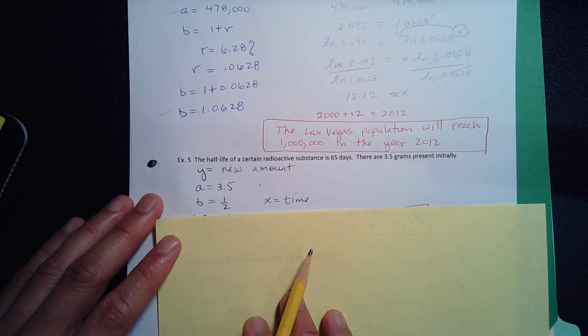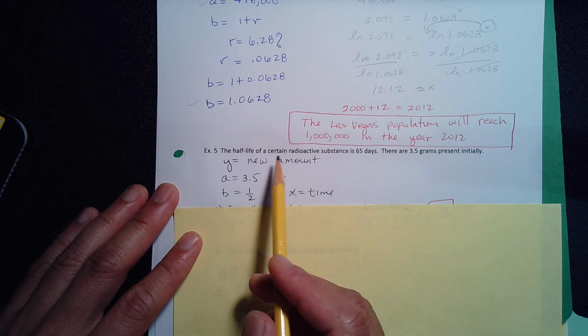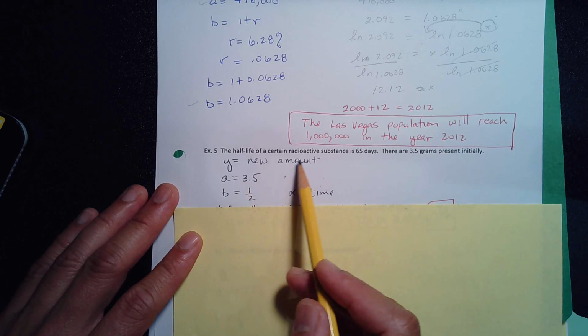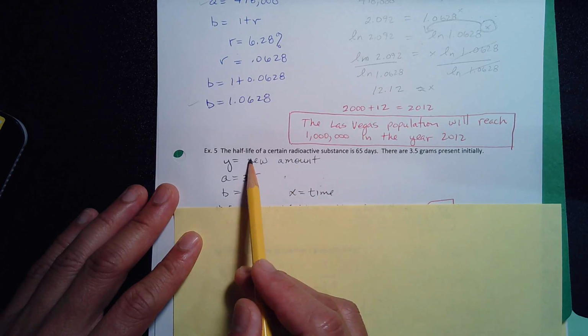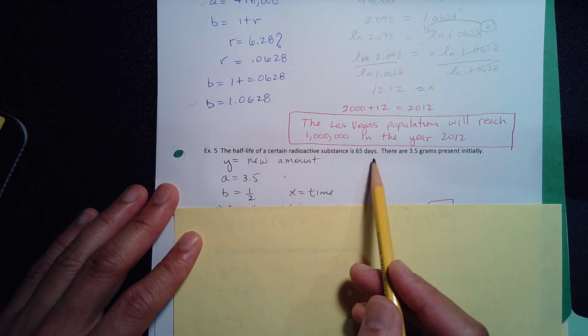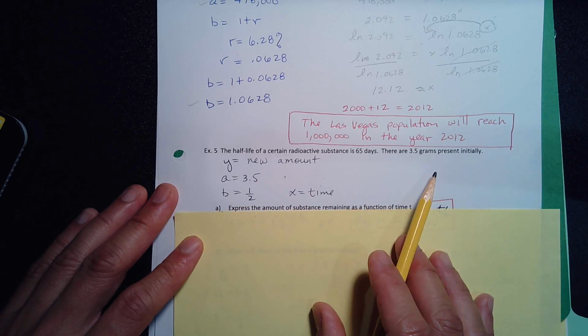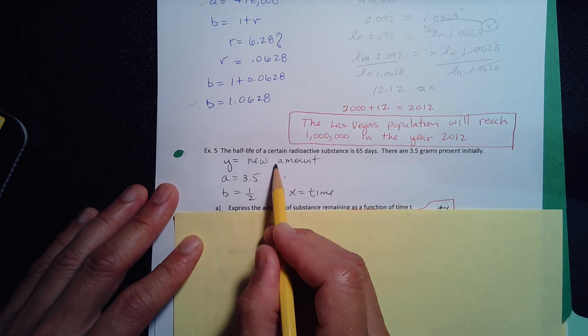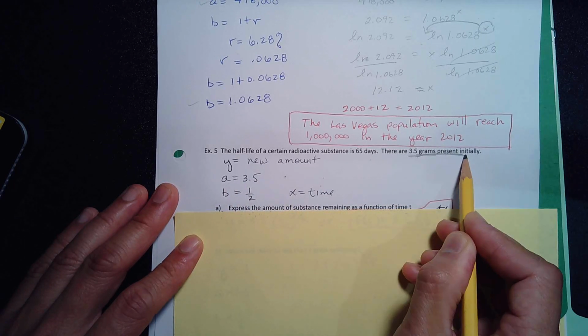So let's take a look at this here. Example 5. It says the half-life of a certain radioactive substance is 65 days. So the half-life is 65 days. There are 3.5 grams present initially. So Y is new amount, A is 3.5, initial, right here.